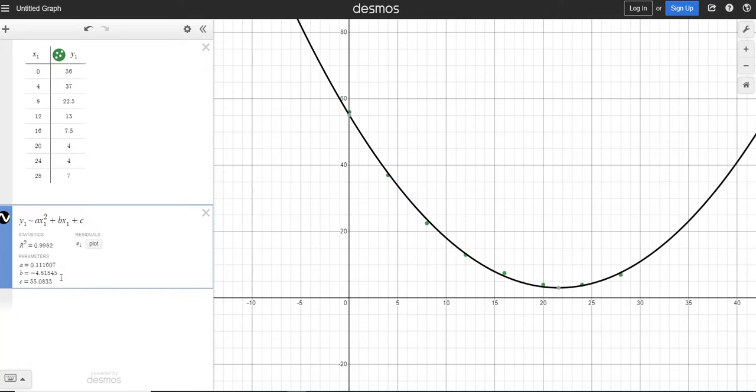And then we're given the a, b, and c values here. So I'm just going to jot down the a, b, and c values, and then we can write the model in a minute. A is 0.112, again I'm using 3 decimal places. B is negative 4.818. And C is 55.083.